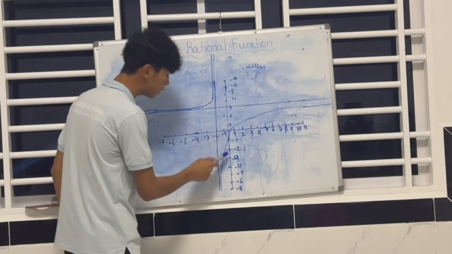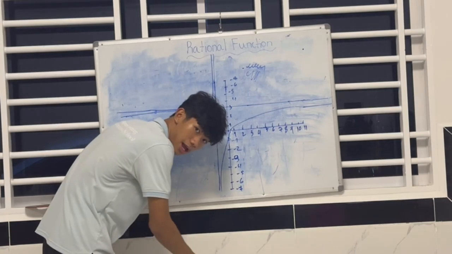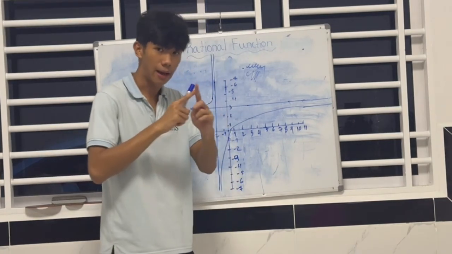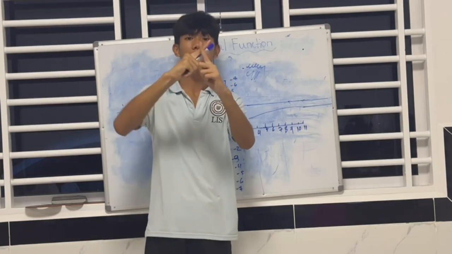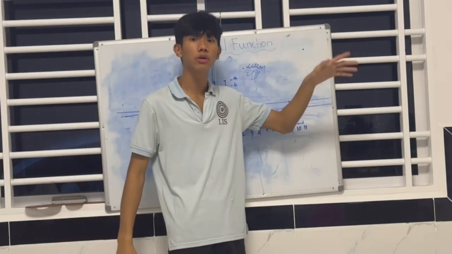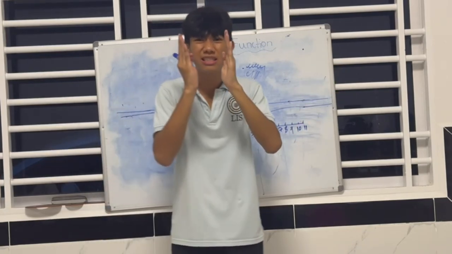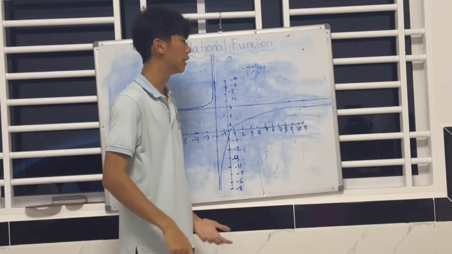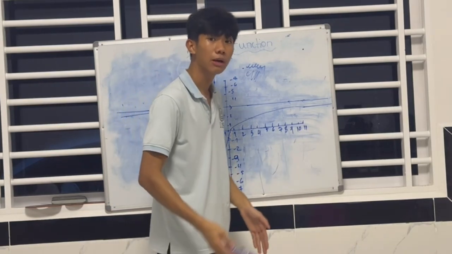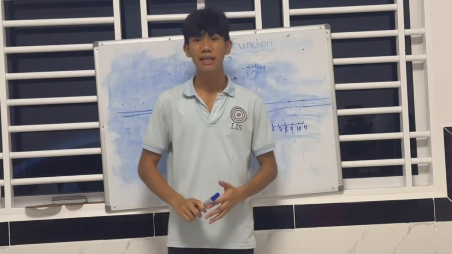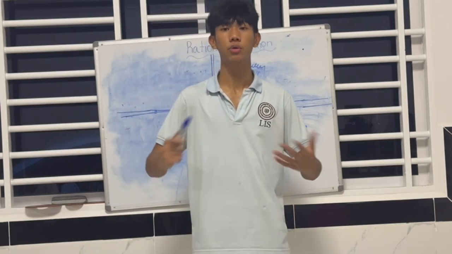You see this line? It continues until infinity, but it doesn't overlap, like here and here. You can go however long you want, but it will just go straight and never touch each other. If it does touch eventually, it means you are wrong and you have to do it again.